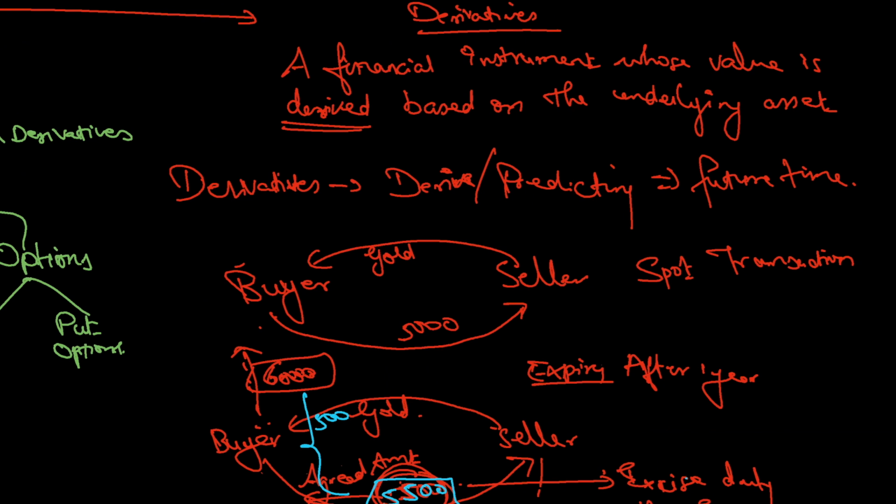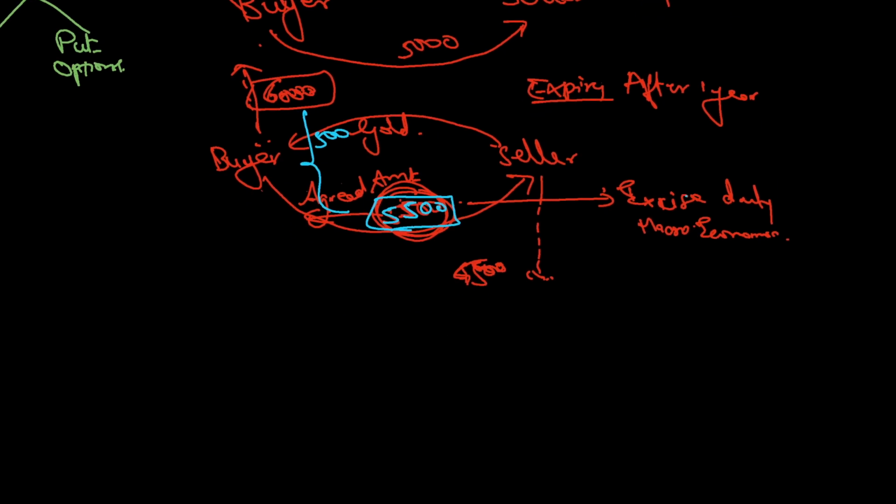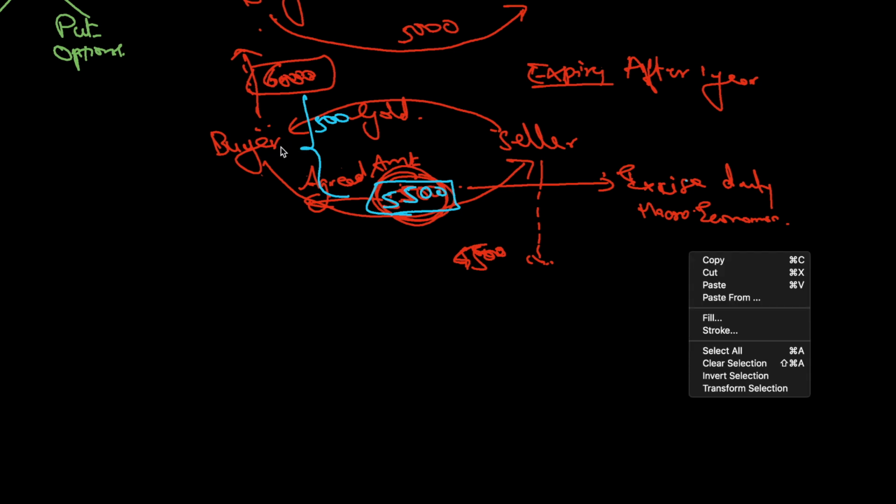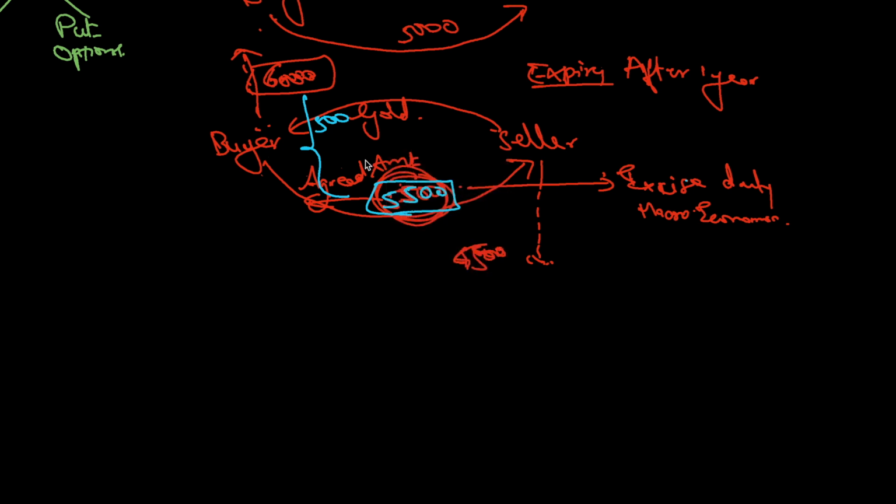Whereas in this case, there is no exchange involved. It is a privately negotiated contract between two parties, buyer and seller. Because it is privately negotiated between two counterparties, it is called over the counter derivatives.